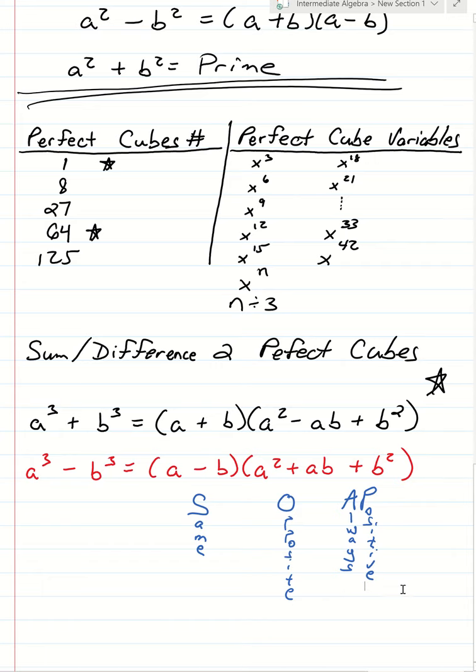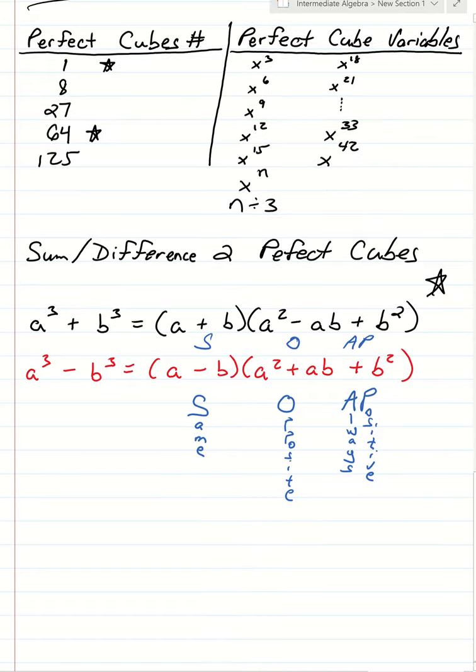So that's why students sometimes like to use that word SOAP: same, opposite, always positive, to help them remember the signs of the formula, because everything else stays the same. The A, the B, the A squared, the AB, and finally the B squared, okay?